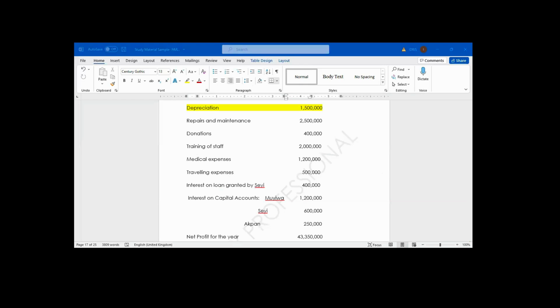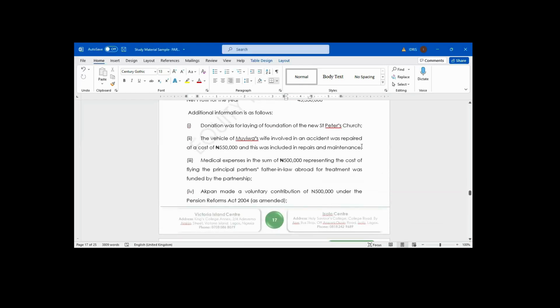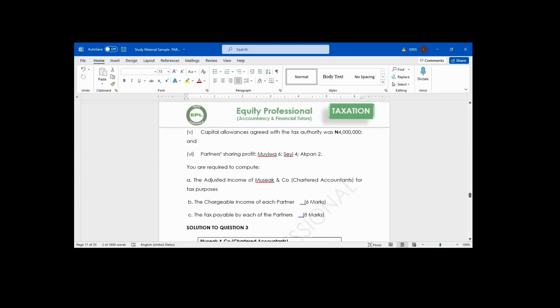Depending on the additional information. One of the additional information says medical expenses represent the cost of flying the principal partner's father-in-law abroad. So this 500,000 is going to be what? Disallowed.